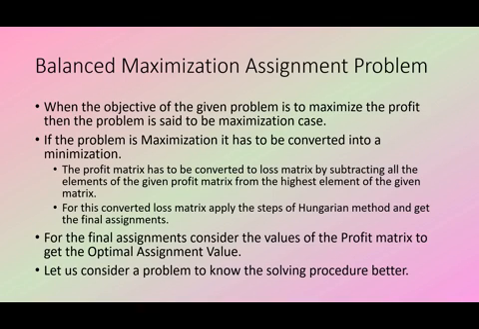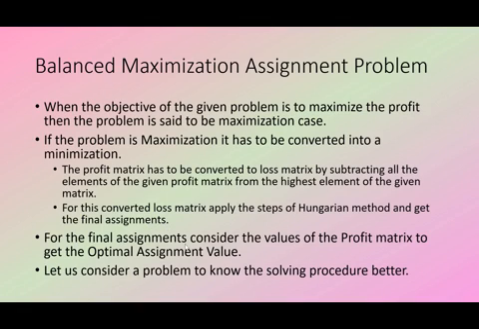So will you be interested to maximize the loss or minimize the loss? Minimize the loss. So automatically your maximization problem got converted to a minimization problem. So for this converted loss matrix, apply the steps of the Hungarian method and get the final assignments.